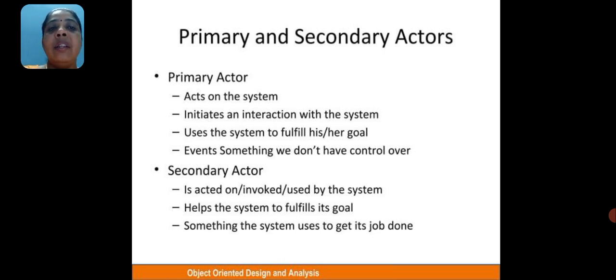Primary actors act on the system, initiate an interaction with the system, and use the system to fulfill their goal; sometimes we don't have control over them. A secondary actor is acted on, invoked or used by the system, and helps the system to fulfill its goal. Sometimes the system uses them to get the job done.